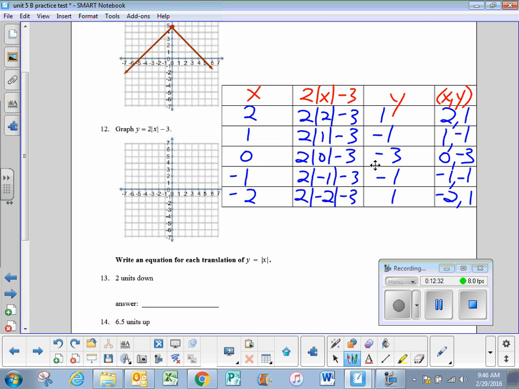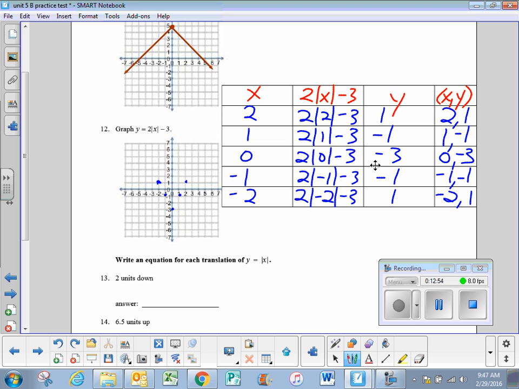Now if I graph these ordered pairs, I have 2, 1. I have 1, -1. I have 0, -3, which is my vertex. I have -1, -1. And I have -2, 1.